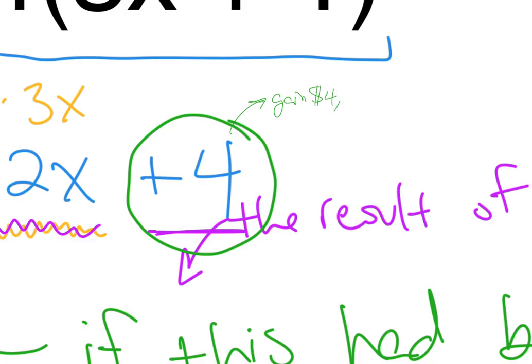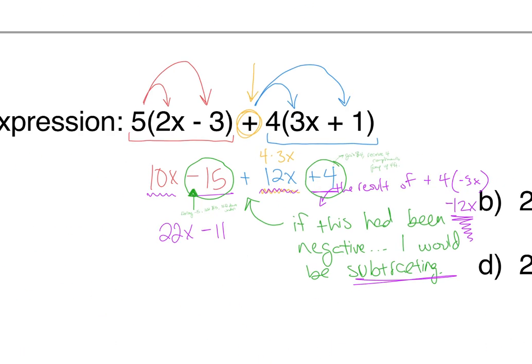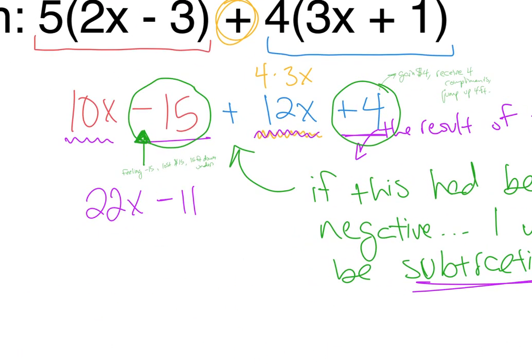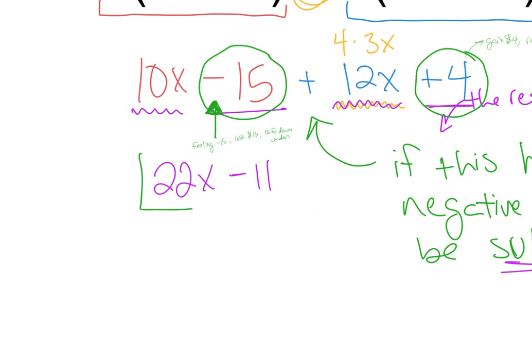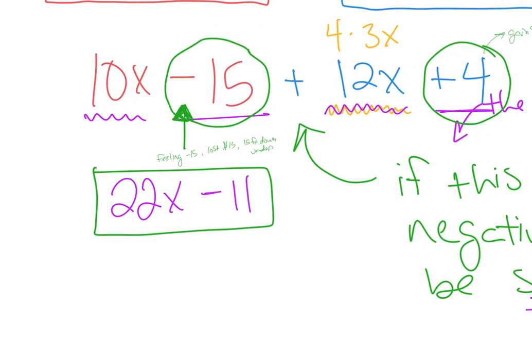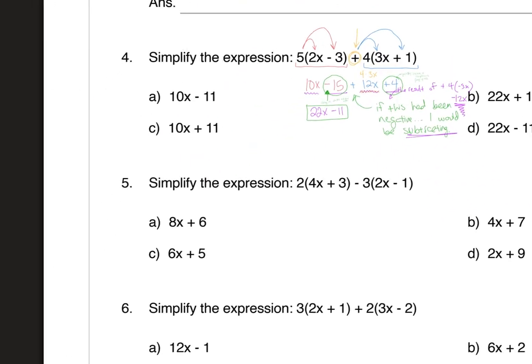That's one scenario. You're going to receive 4 compliments, or you're going to jump up 4 feet. Well, if you were negative 15 in any of those scenarios and you add 4, your final answer is negative 11. It's not enough to get you into the positive, right? Right. Next.